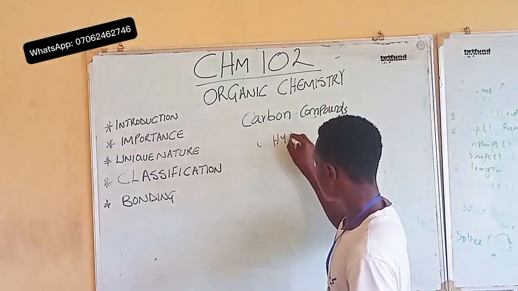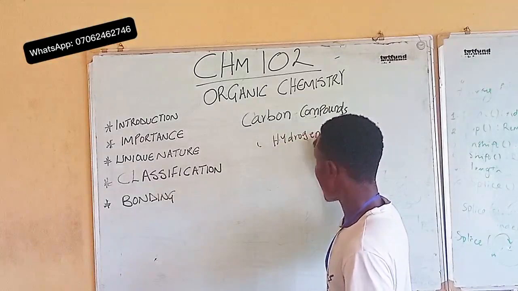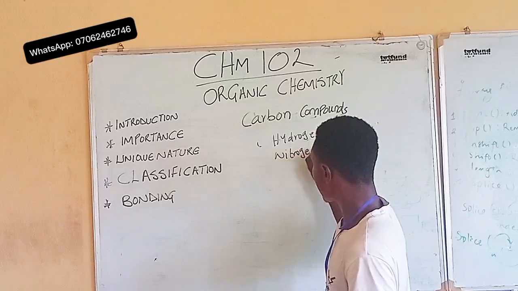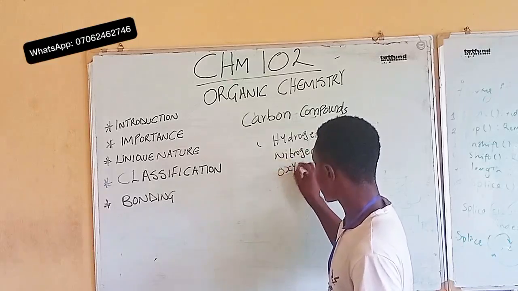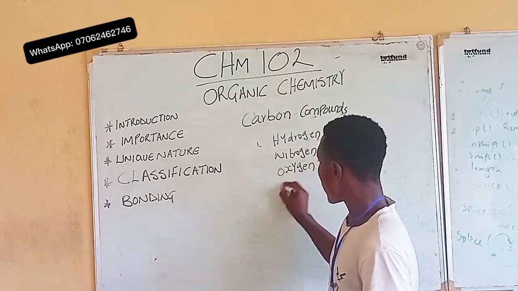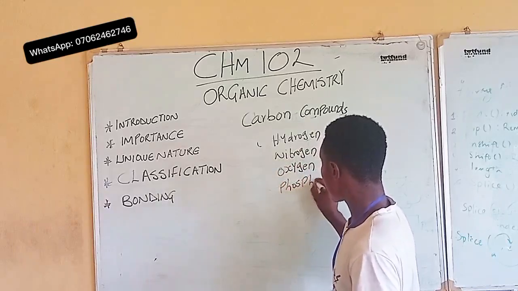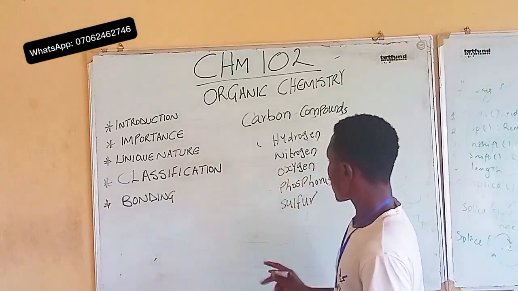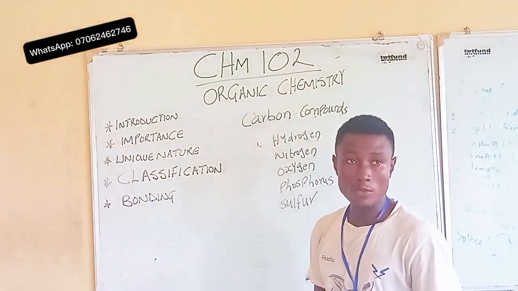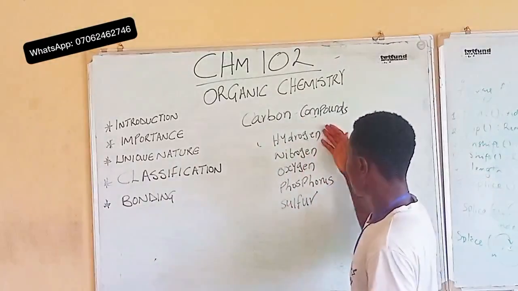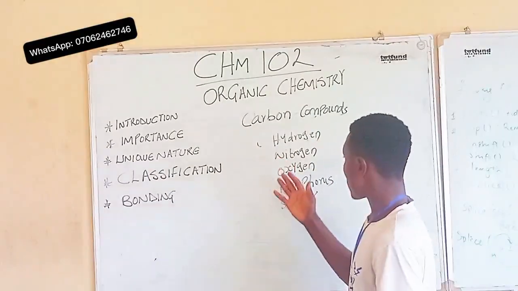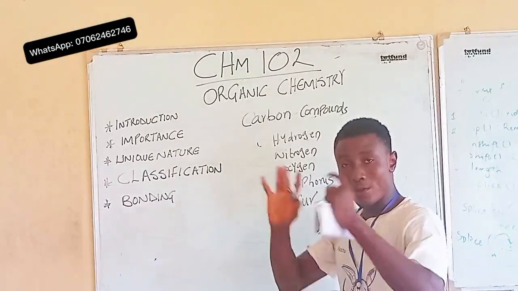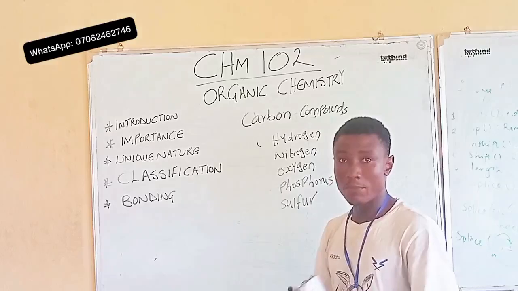Hydrogen, nitrogen, oxygen, phosphorus, and sulfur. So these are the derivatives when we talk about organic chemistry. We have the hydrogen, the nitrogen, the oxygen, the phosphorus, and we have the what? Sulfur. So that is what organic chemistry is simply about.